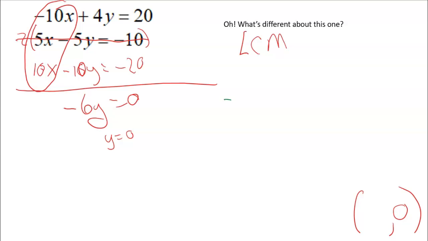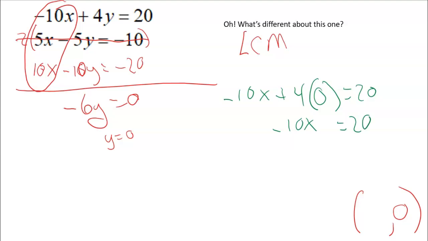If we go -10x plus 4 times 0 equals 20, -10x equals 20. Divided by -10, divided by -10, and x is -2.